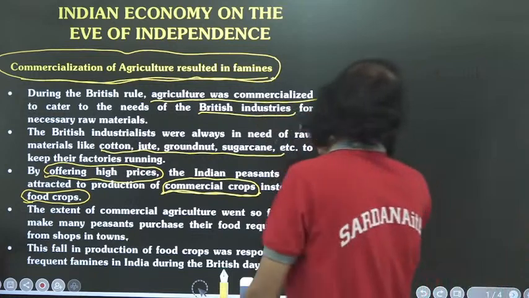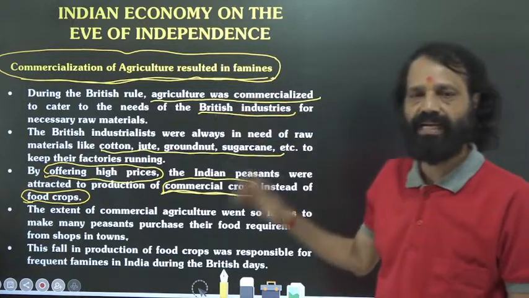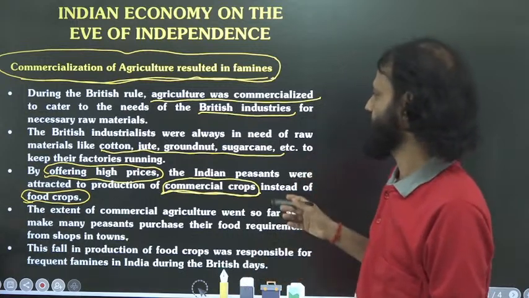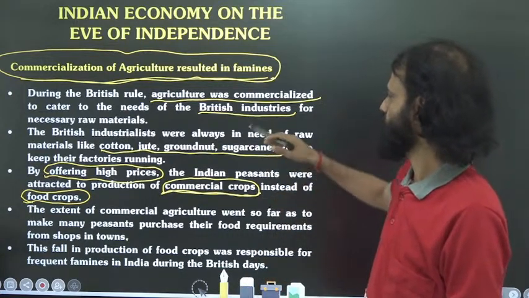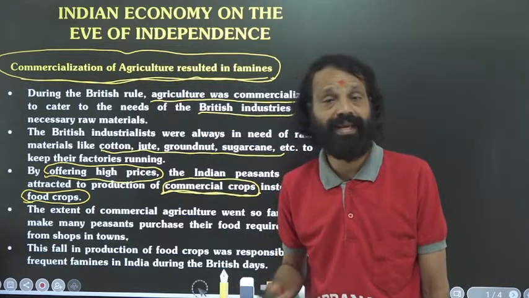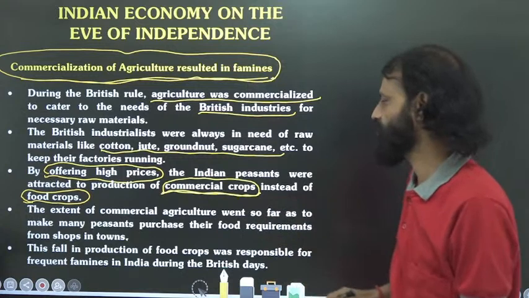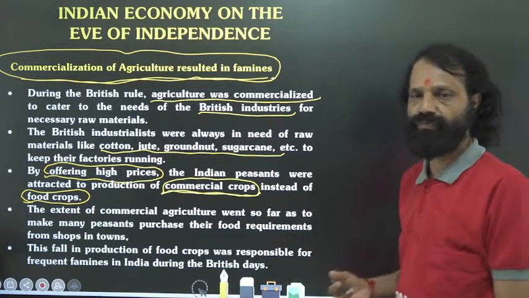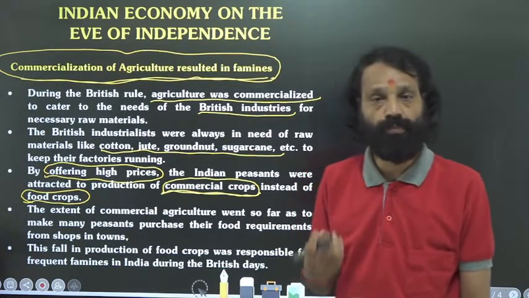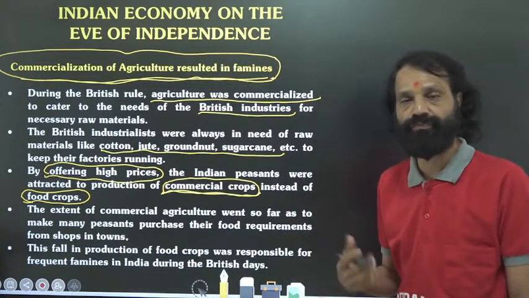The main reason was commercialization of agriculture. Okay, so that you need to understand. Because of commercialization of agriculture, they made more cash crops. Food crops production was very less. So the Indian market faced scarcity of food crops. Okay, that was one of the main reasons for frequent famines in India.